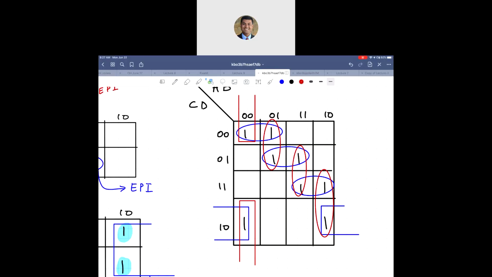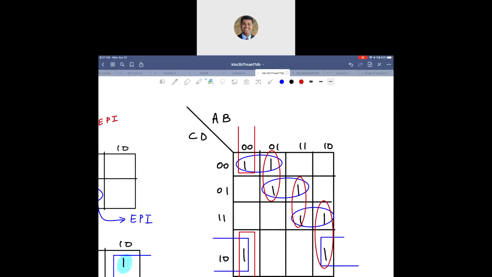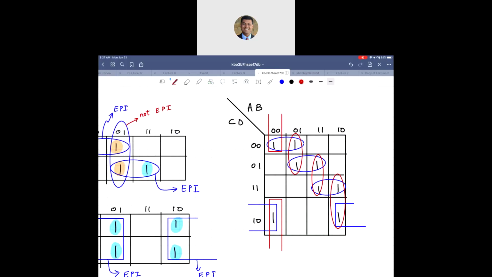Brilliant. No essential prime implicants, because all the ones belong to more than one group. So I hope that you guys can see.